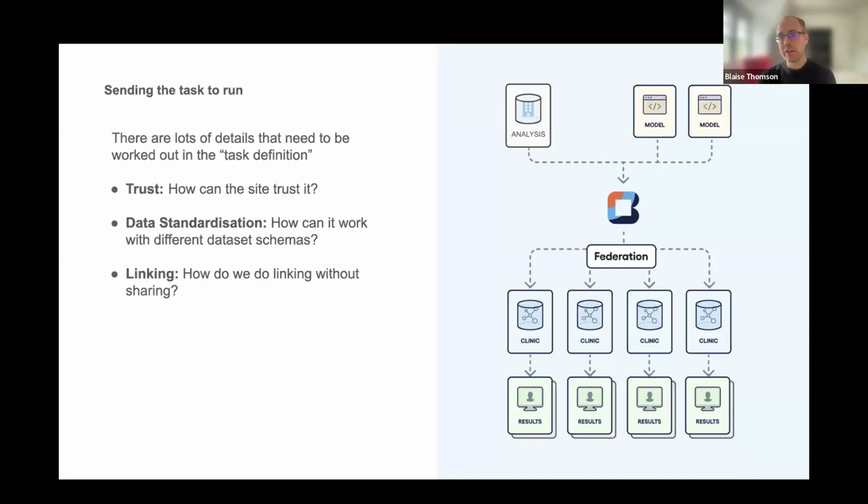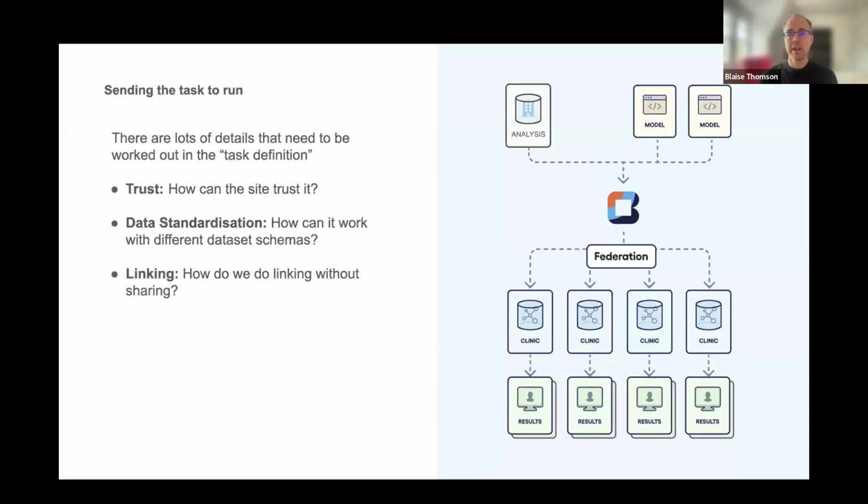In the traditional TRE model, you have a very, very restricted ingress and egress approach. So you have to have a lot of manual verification. But if you want to do federated learning or more complicated federated analysis, it becomes infeasible in the long term to have everything being manually checked.